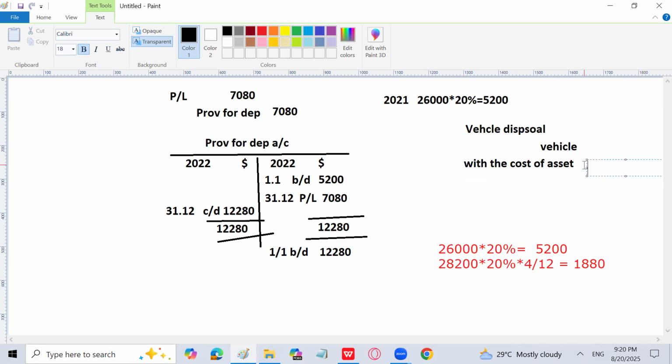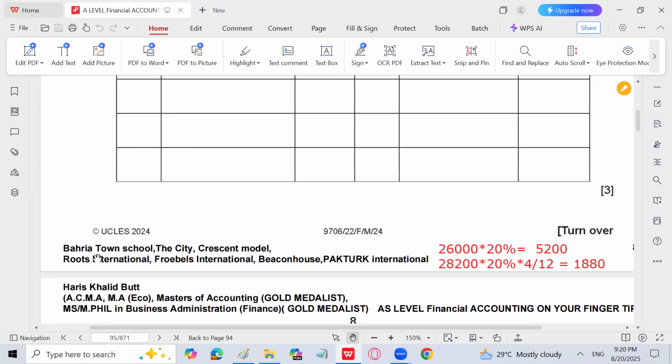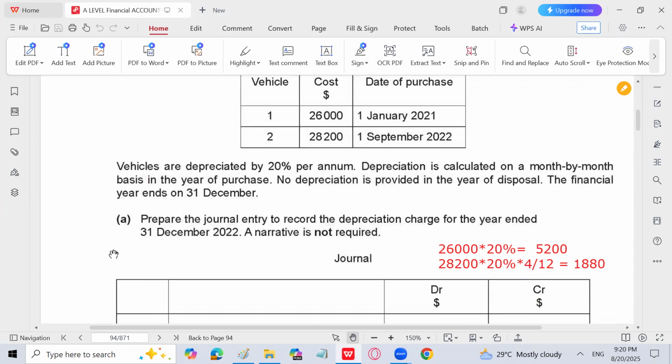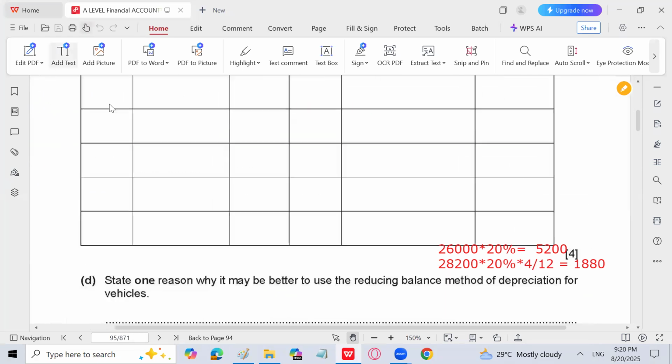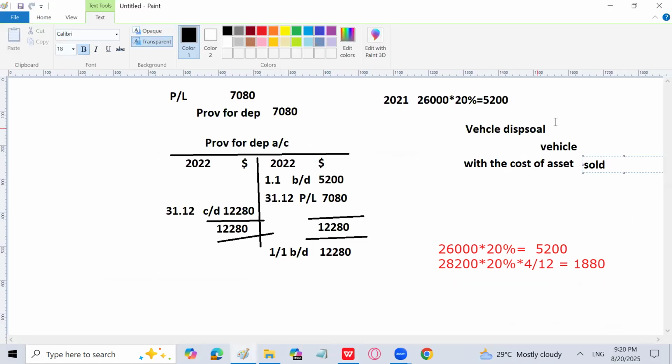So we know which asset is going to be sold in this particular question. He said that vehicle 1 has been sold. The cost of vehicle 1, because we need to pass the entry with the cost of the vehicle 1, is 26,000, right? So entry is going to be vehicle disposal account debit with the cost of the asset 26,000 and vehicle account credit.